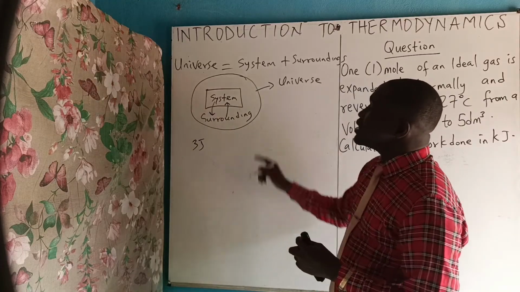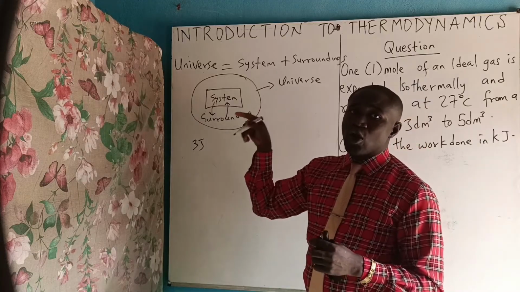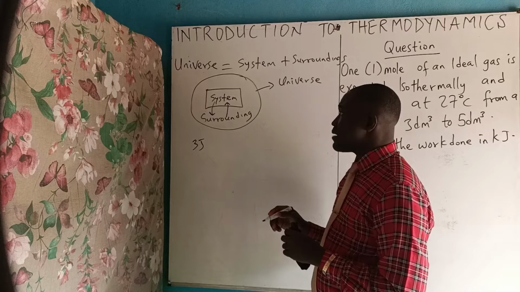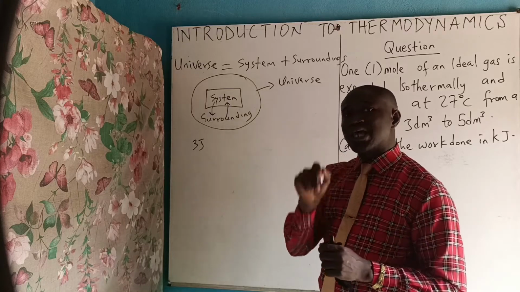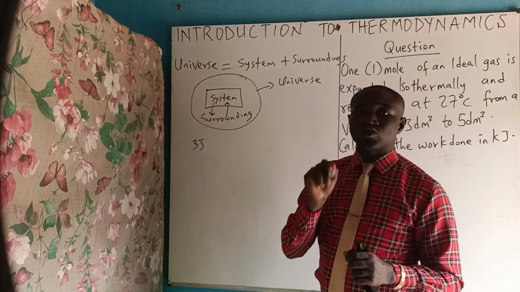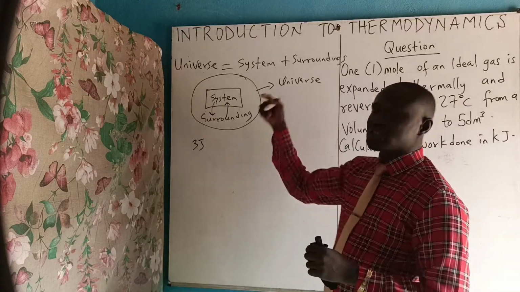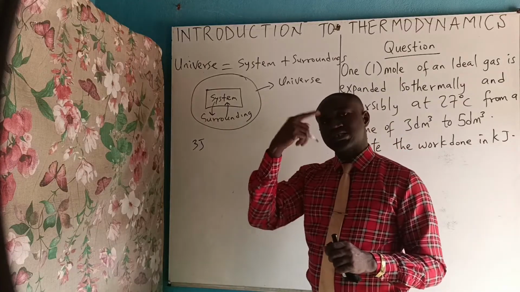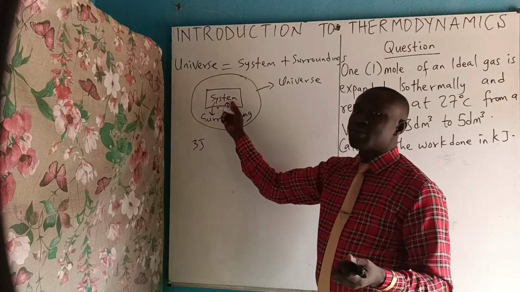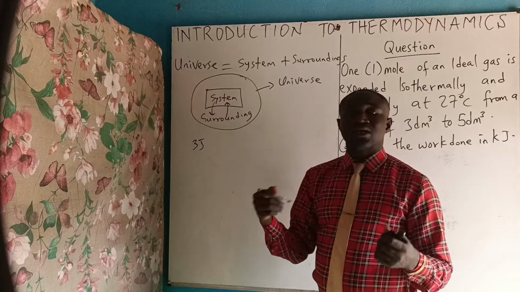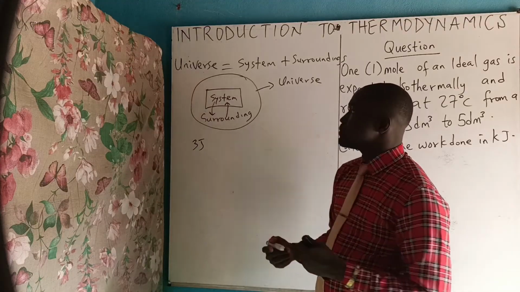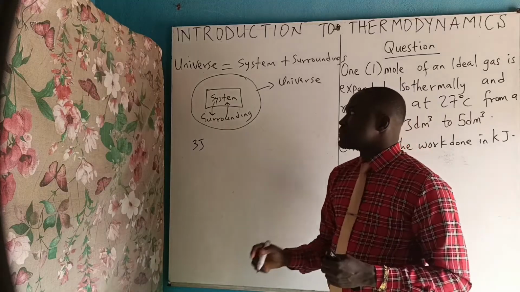So that means energy can neither be created nor destroyed. This is one of the concepts of the first law of thermodynamics, that energy can neither be created nor destroyed, but can be transformed or transferred from one place to another. So once the surrounding is losing, the system will be gaining, and so nothing is destroyed or lost. And once the system is losing, the surrounding will gain it and make use of it. So nothing is lost or destroyed. That is about this.